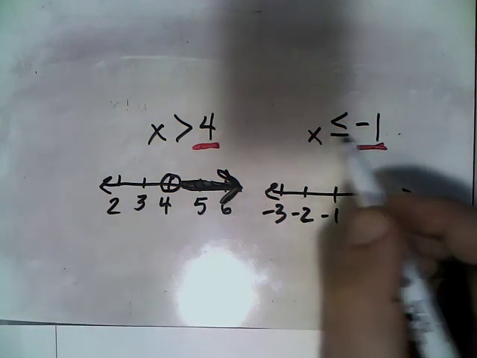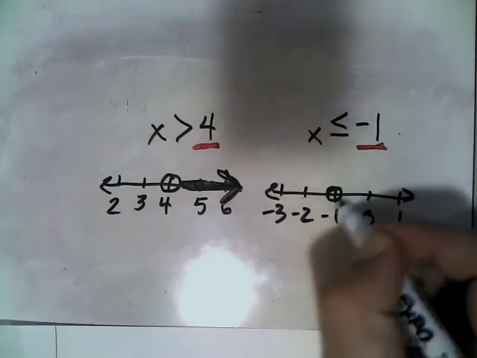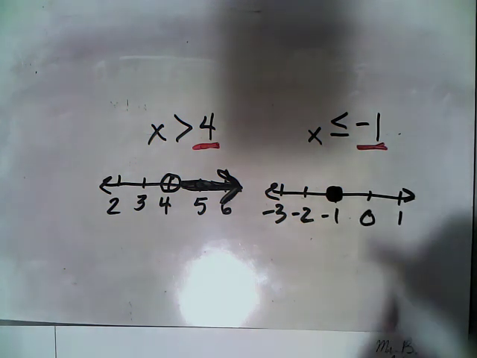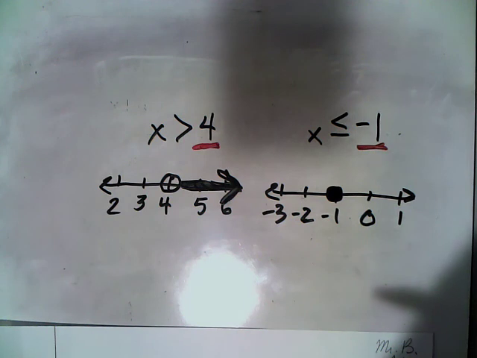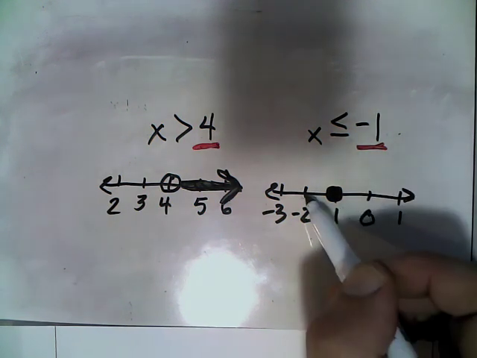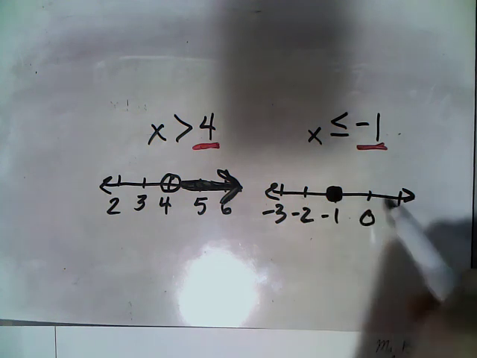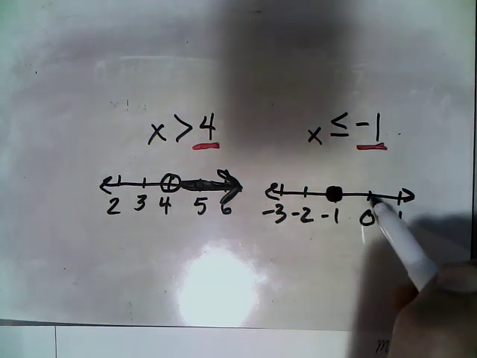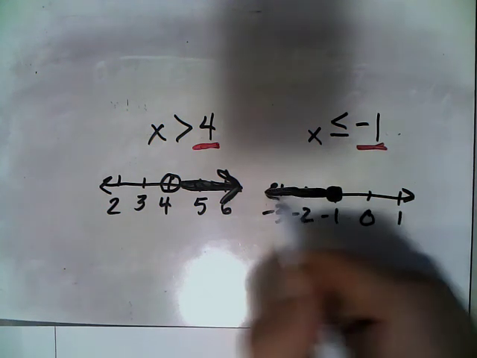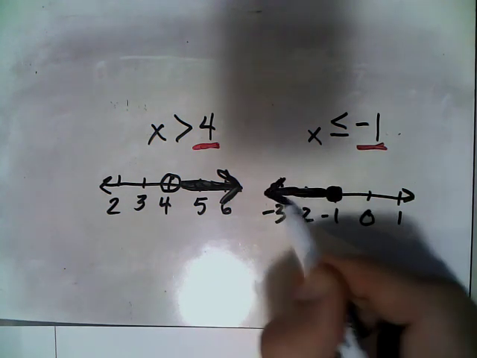And since it has the option of or equal to, that means that -1 is included as one of the solutions. So therefore the dot gets filled in, we get a closed dot. And so then we consider, is -2 less than or equal to -1, or is 0 less than or equal to -1? Well, obviously it's -2, so therefore the solutions must be on this side of the boundary.